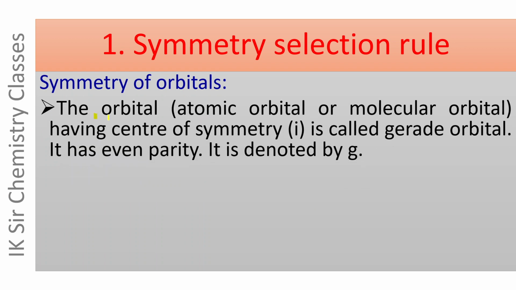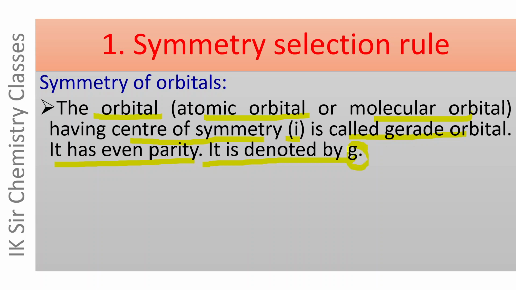The orbital, which may be an atomic orbital or molecular orbital, having a center of symmetry, that is i, is called a gerade orbital. It has even parity and it is denoted by g. g stands for gerade.